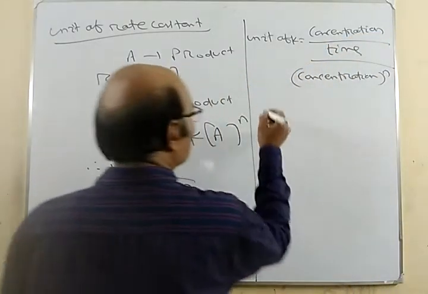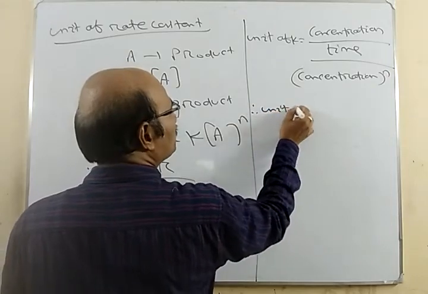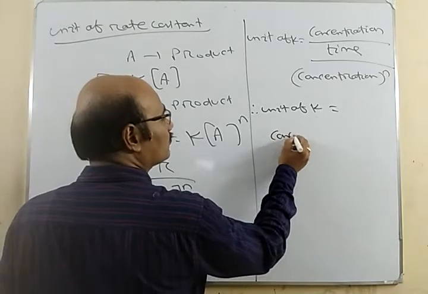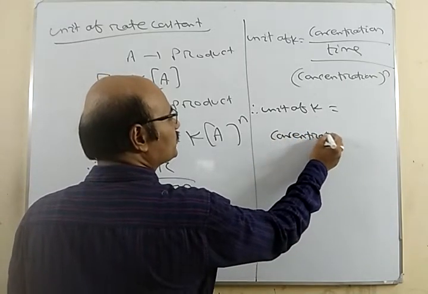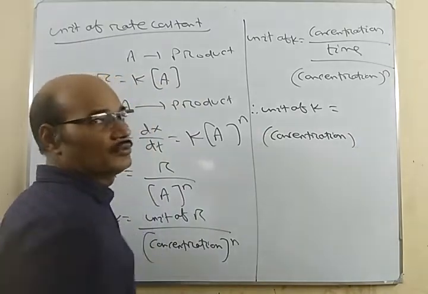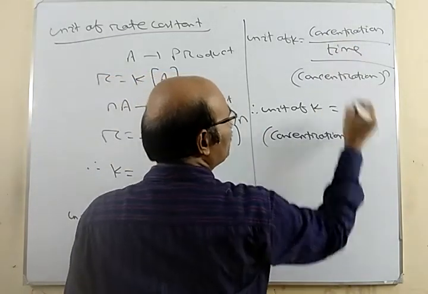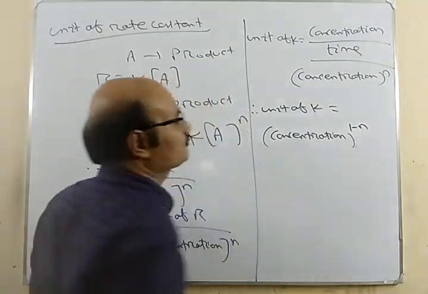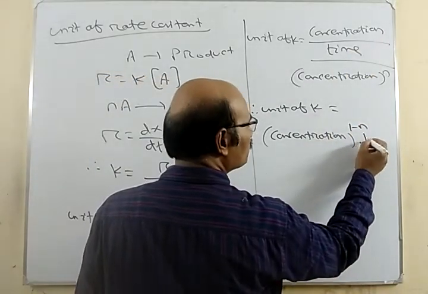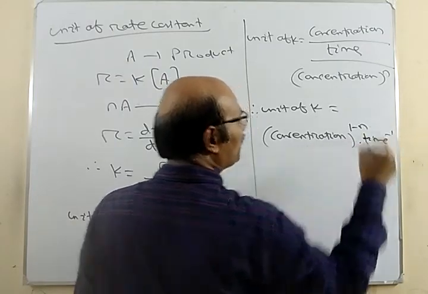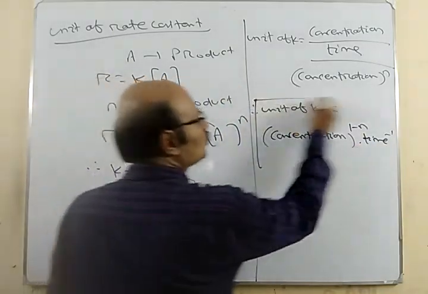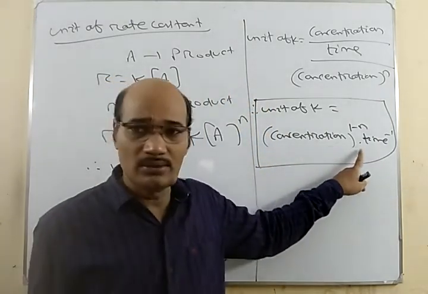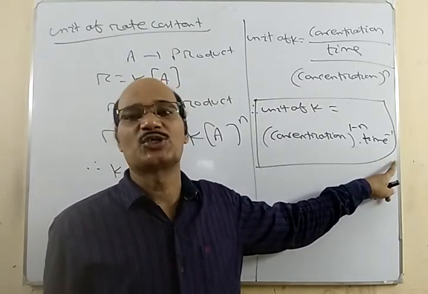So the unit of K is equal to concentration to the power 1 minus n into time to the power minus 1.